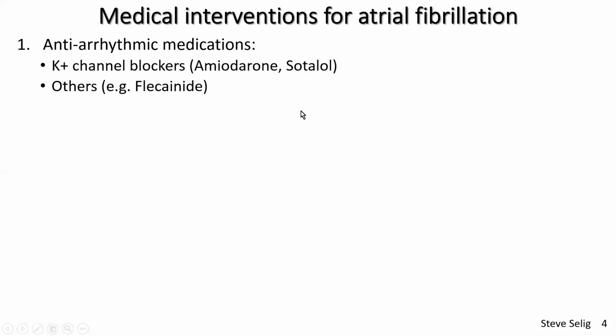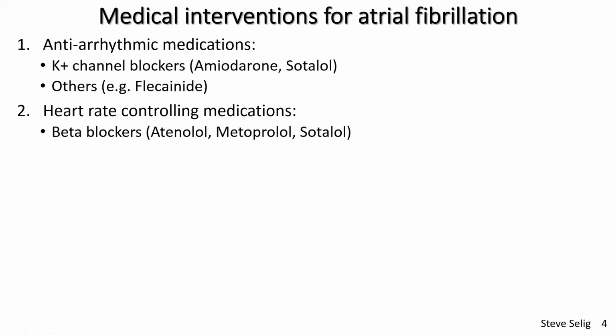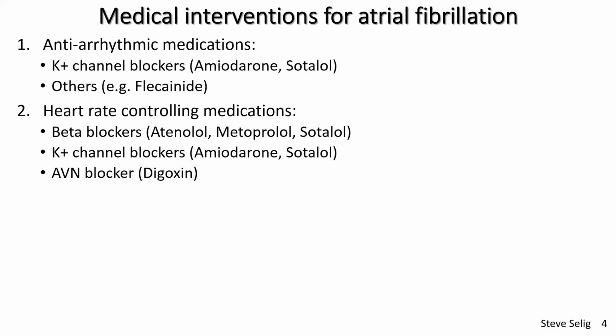And to be honest, I very rarely see clients who are on flecainide, but I've just mentioned it here as an anti-arrhythmic. Now, I'm just going to go back over those heart rate controlling medications from the previous slide very quickly. The beta blockers atenolol, metoprolol, sotalol. Notice they all end in 'lol', easy to remember. Calcium channel blockers come up again. AV nodal blocker comes up again.